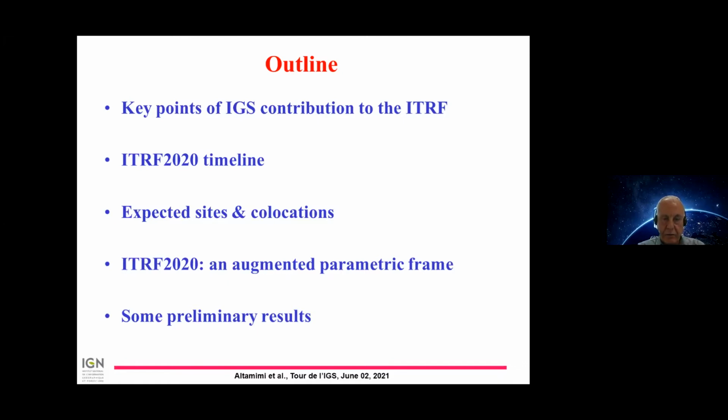And then we'll talk about ITRF 2020, which will be an augmented parametric reference frame, and I will tell you how. And I will show you some preliminary results. As the analysis of the ITRF 2020 has just started, and we had some delays in the contribution by the 4 techniques, there is not too much result that I will show, but I will share with you some preliminary results of interest to you, I hope.